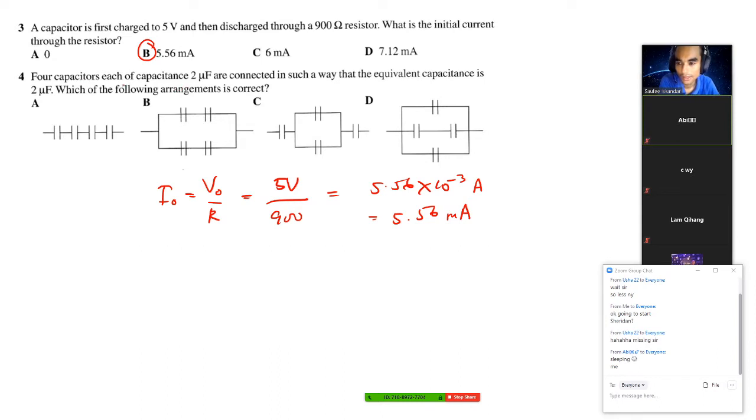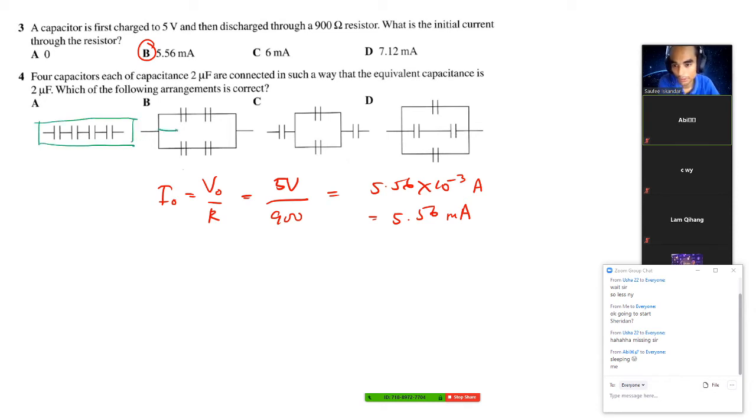Four capacitors, each of capacitance 2 microfarad, are connected in such a way that the equivalent capacitance is 2 microfarad. Which of the following arrangements is correct? So you have to try all of them, A, B, C, D. Let's say for A you have them in series.